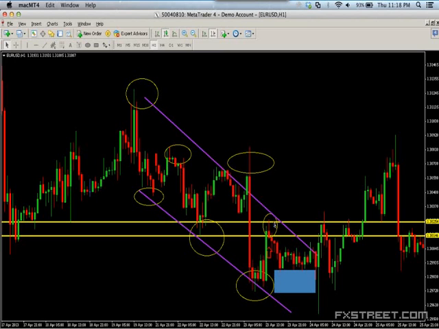Okay, so let's look at some examples of support and resistance in terms of the flow of the market. All right, direction of the market here, guys. Where do you guys see the flow of the market? Which way is it going?